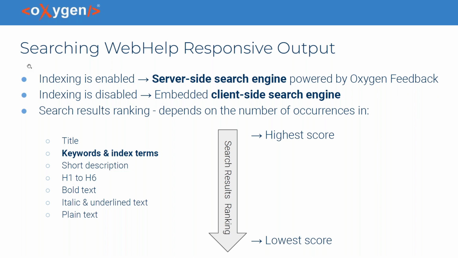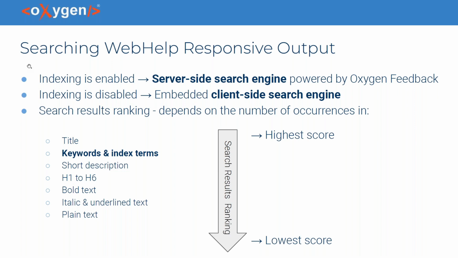If the search terms are found in the page titles or in the keywords or index terms metadata, the page will be ranked higher. Next come the short description and section headings, H1 to H6, bold text, italic, and underlined text.